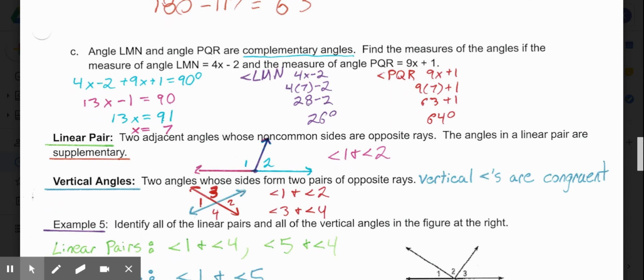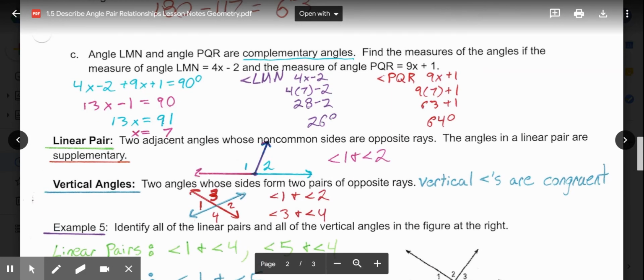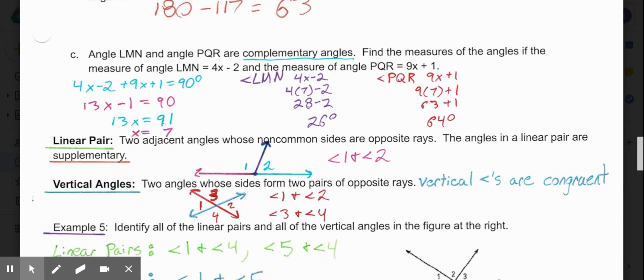And then part C. They tell us angle LMN and angle PQR are complementary angles. They want us to find the measures of the angles, and they told us LMN was 4x minus 2, and PQR was 9x plus 1.